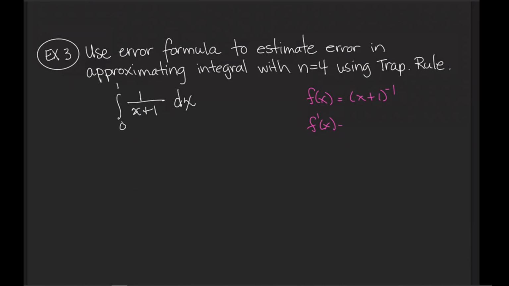So then the first derivative would be negative 1 times (x plus 1) to the negative 2. Then the second derivative would be positive 2 times (x plus 1) to the negative 3, or 2 over (x plus 1) cubed.